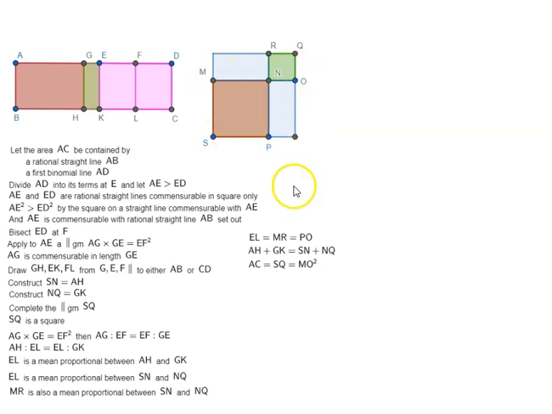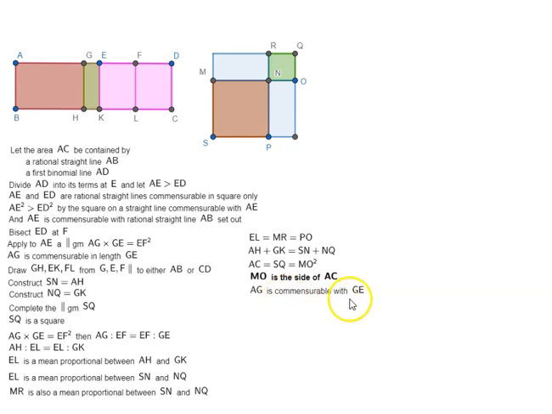So we can say MO square, and which means MO is the side of AC. Or more appropriately, MO is the side of a square whose area is equal to the area of AC. So this is what the statement means. So that we have shown.